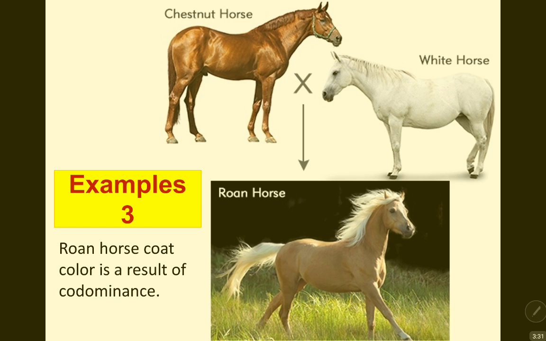Okay, another example is a roan horse. A chestnut horse crossed with a white horse. The offspring are neither chestnut nor white, but appear as chestnut plus white, because both of them are dominant. So they will show both characteristics together.